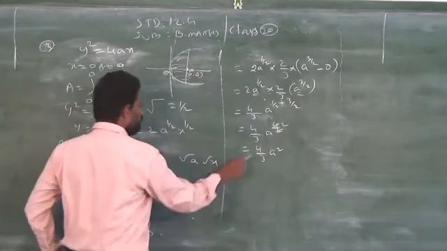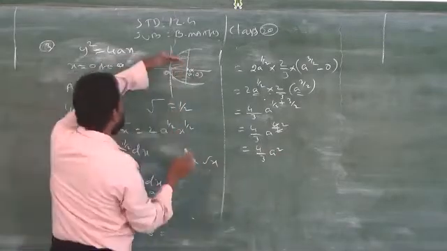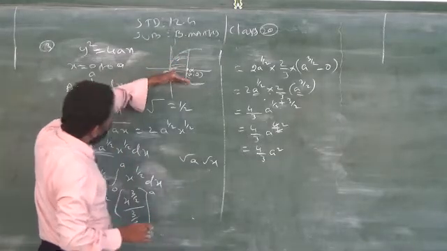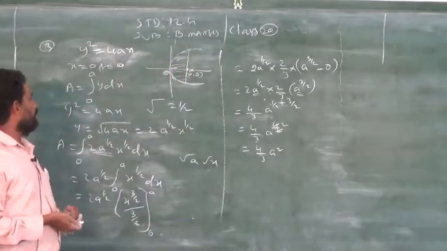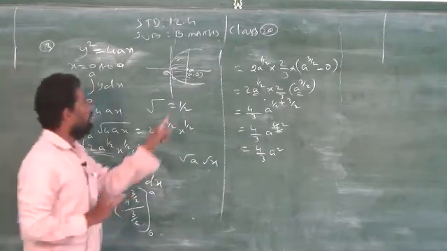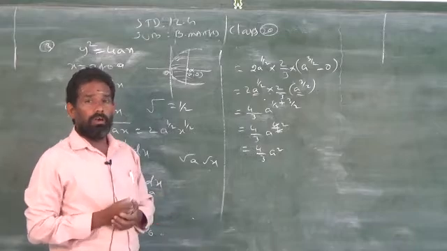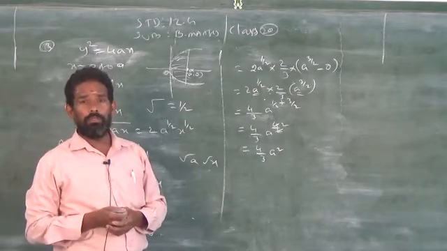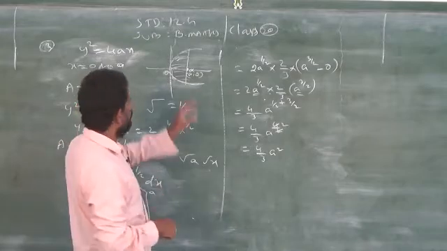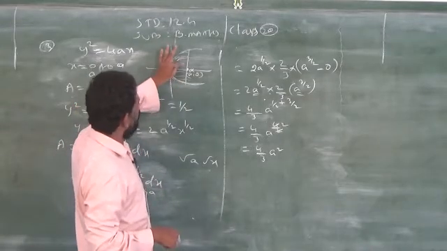This is only for which part? Only the part above the axis. But you have to find the area below the x axis too, for which there is no need to apply the minus y dx formula. The reason is very simple: the parabola is symmetric on both sides. Parabola and ellipse are symmetric. Symmetric means it will be exactly divided into equal parts.